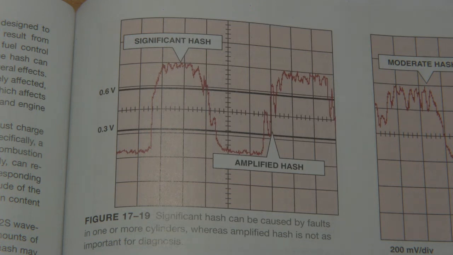Lean misfires. What is a lean misfire? Lean misfires are when the air-fuel ratio is so lean that you cannot combust anything. It is possible to have an air-fuel ratio that is so high, and remember, above 14.7 is lean, that it is possible to have fuel, but not enough fuel.